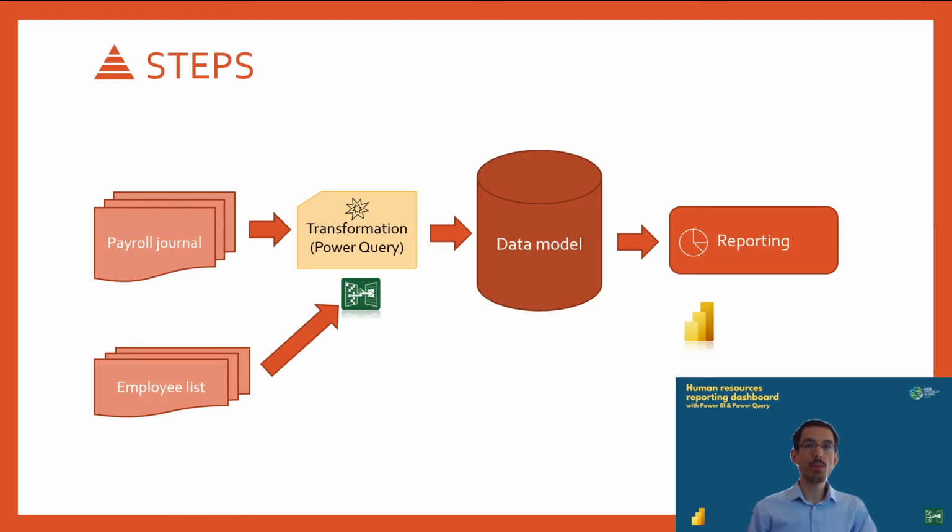We will import the payroll journal and employee list, which I showed you in the Excel file, into Power Query to do transformation steps. Then, when the data is structured, we will get a data model that we can use in Power BI to generate a reporting.